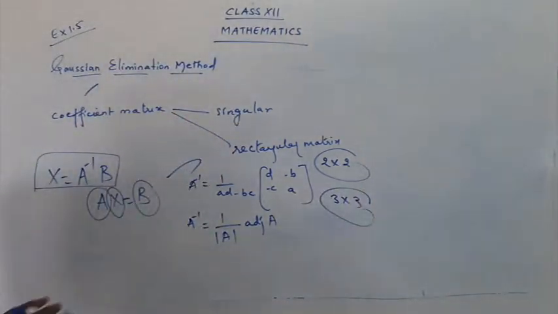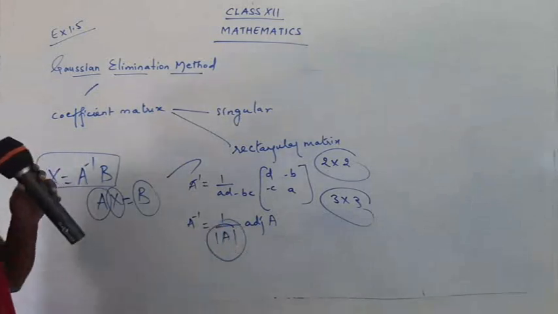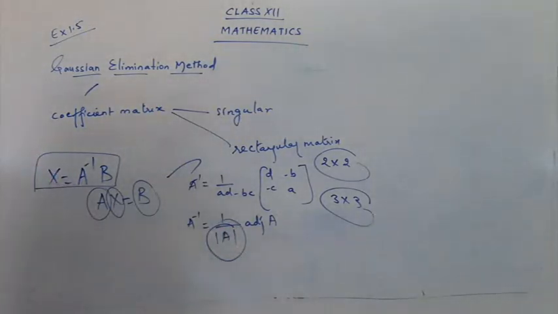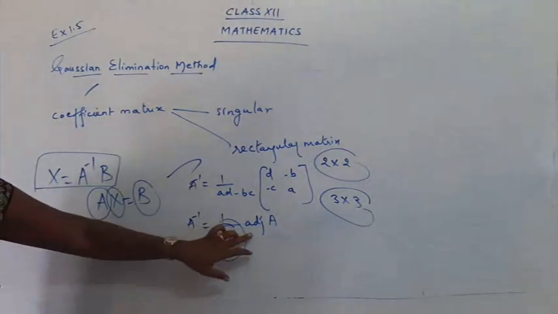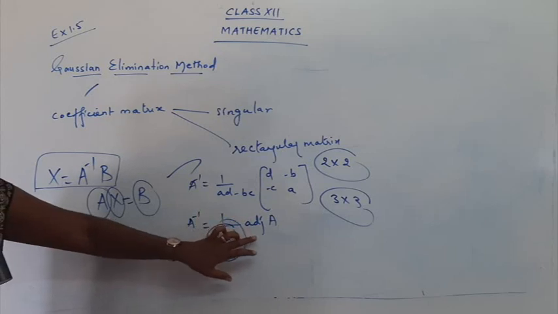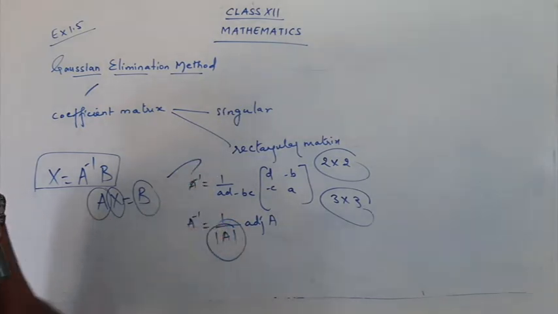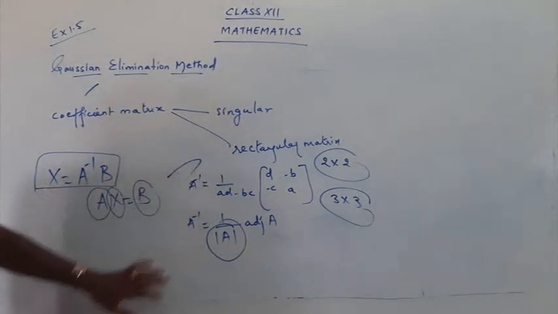You know how to find the determinant of A, for 2 by 2 and also for 3 by 3. And how to find the adjoint of A? The first thing is to find the cofactor, and after finding the cofactor, you have to find the transpose of the cofactor. This is all we dealt with in our exercise 1.1.